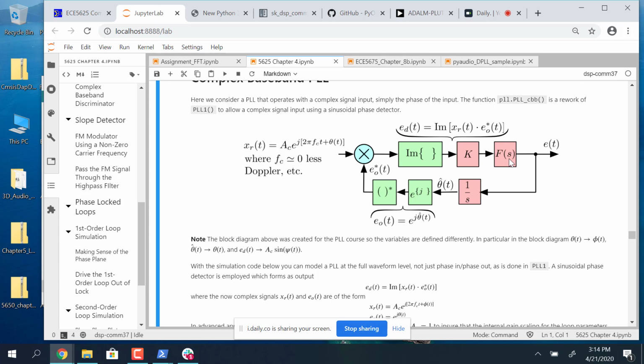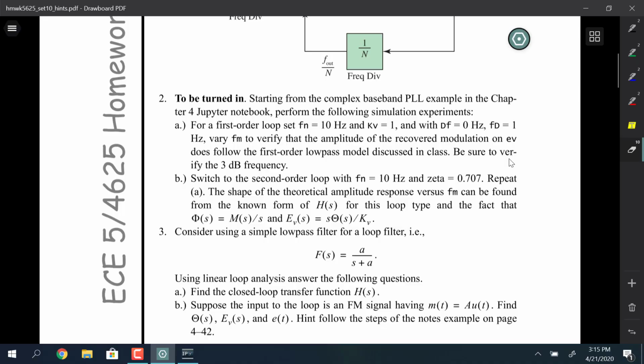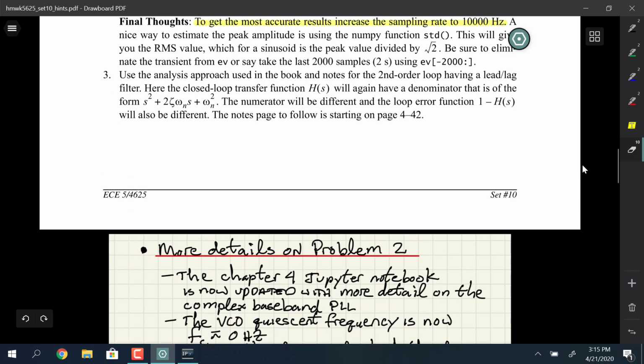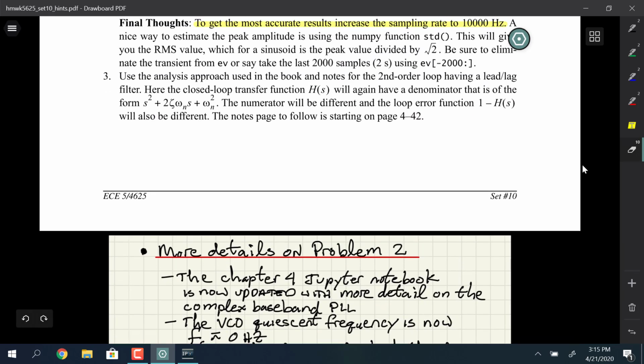I can't really go scribble on that, but I'd like to explain that to you a little bit too. So I'm going to do that right down here to explain how a loop filter would work in a continuous time model. If we have our second order loop model, we have S plus A over S, essentially.